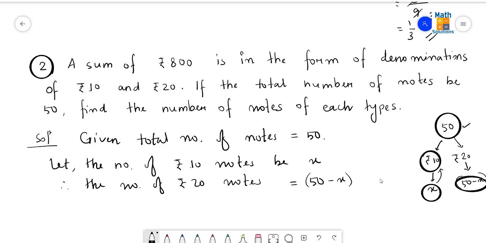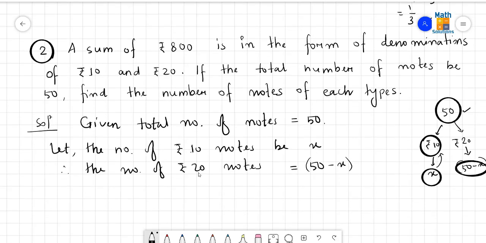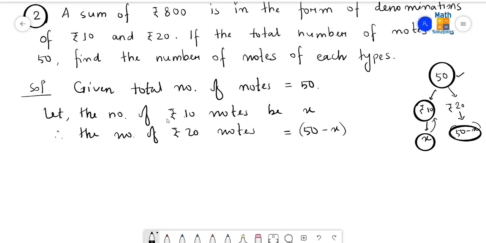So after this, I have to find out the amounts I am going to get for rupees 10 notes. Actually, if suppose I have 5 ten rupees notes, then what will be the amount? Very clearly, the amount will be 5 into 10, equal to rupees 50. So in this case, I am multiplying 5 with 10 as I have 5 ten rupees notes. In our case, we have x rupees 10 notes.